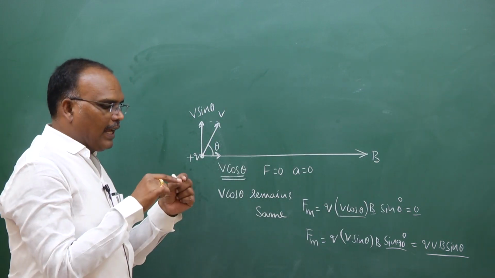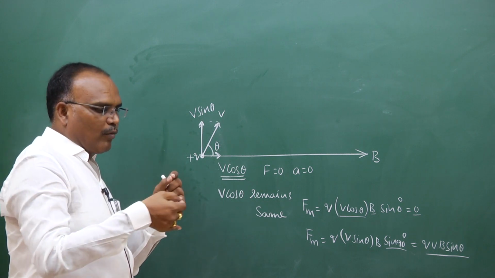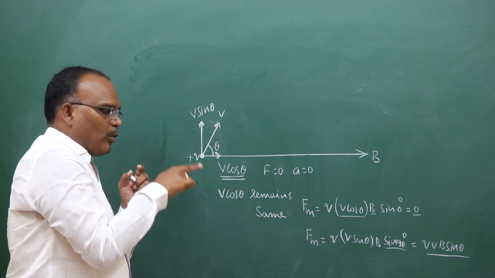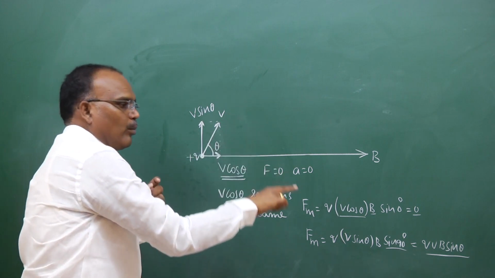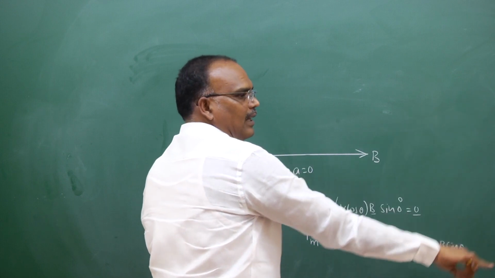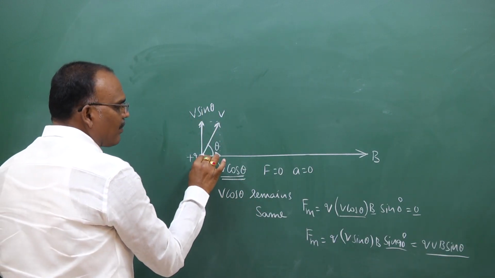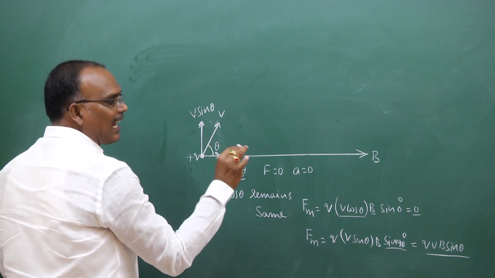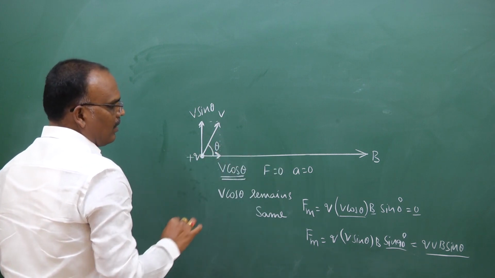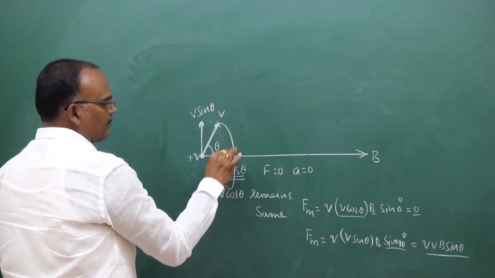So due to the vertical component it moves like this, and for the horizontal component it moves like this. It moves along the x-axis as well as making a circular path. That is why the path traced by the charged particle is a helical path. The charged particle will go like this.